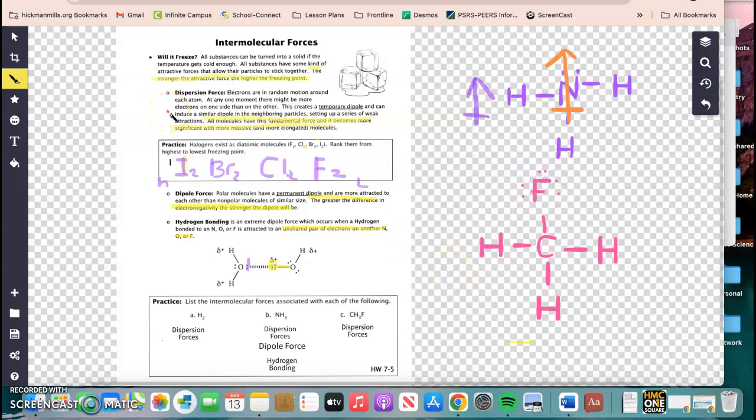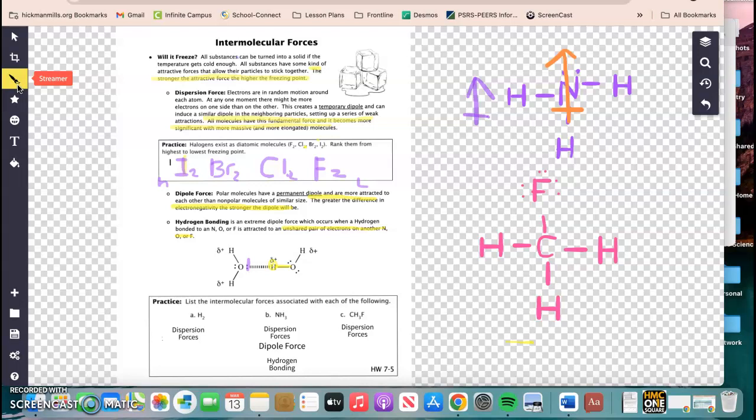All right, so looking at this, I noticed that we don't have a hydrogen attached to an oxygen. So right off the bat, we do not have hydrogen bonding. But do we have a dipole force? So are we dealing with a polar molecule? So we need to look at whether we have a symmetrical or an asymmetrical molecule, and whether we have a lone pair of valence electrons.